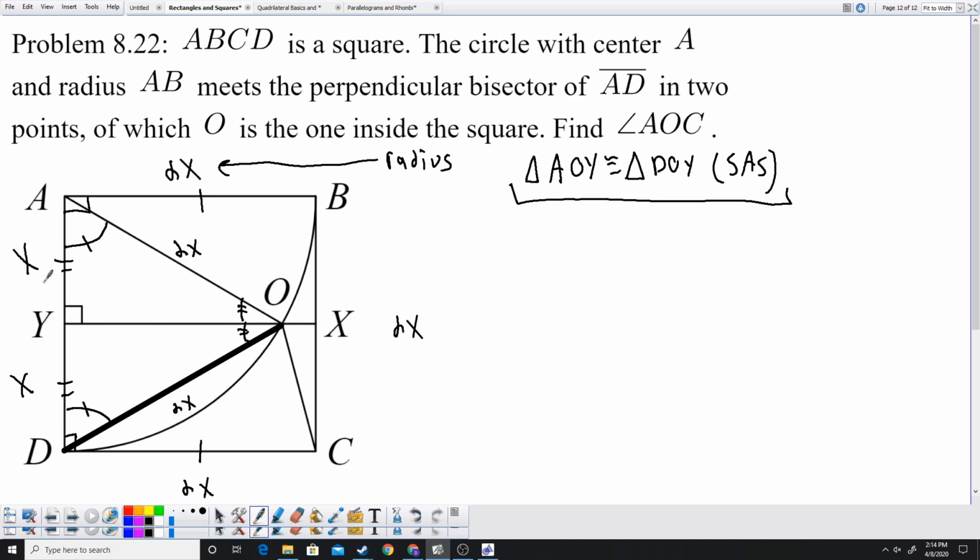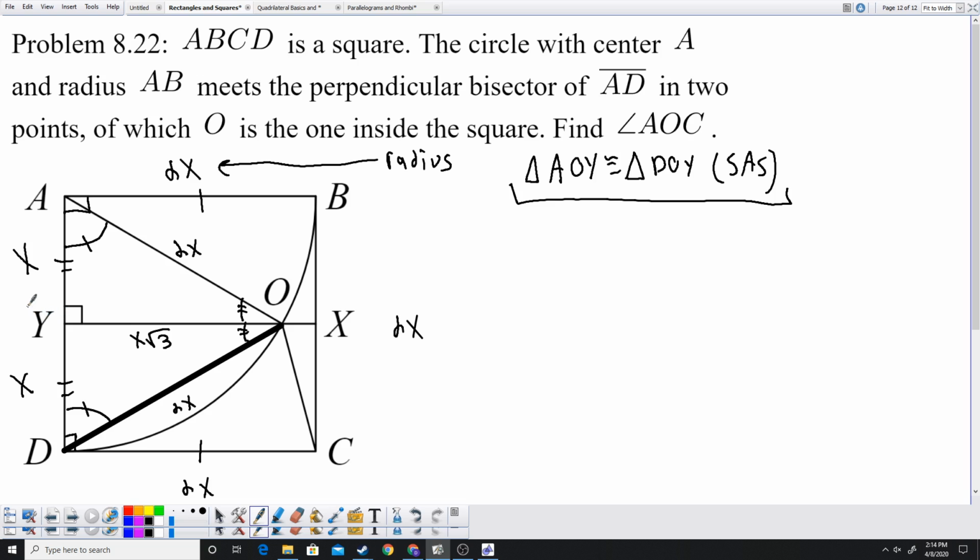Well, that's interesting. We have a length of x here, and we have this right triangle AYO, and that also implies that since we have x as one of the sides and 2x as the other side, the smallest side of this right triangle and the hypotenuse is twice that length. Which means if I actually did Pythagorean theorem, we would find out that YO is the length of x times the square root of 3.